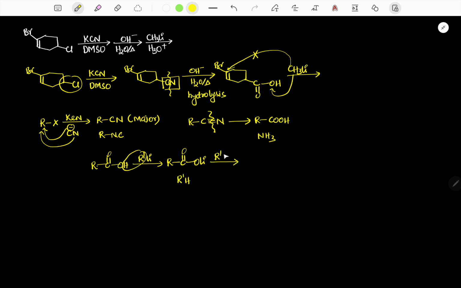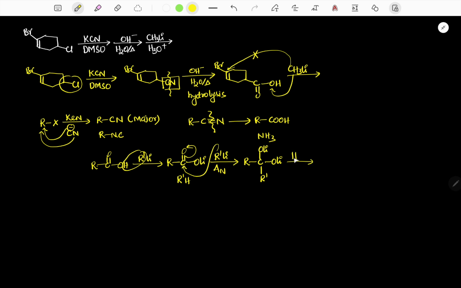Now it reacts with R dash Li, R minus can attack, pi bond shifted, nucleophilic addition, the corresponding product is OLi, OLi and R dash.